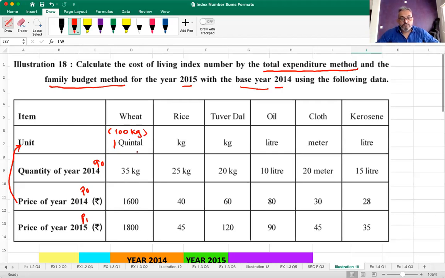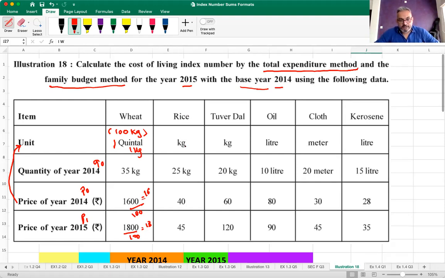But you are consuming only 35 kg. So you have to convert either kg to quintal or quintal to 1 kg and accordingly change the prices. So we will change the prices, divide by 100, which is 16, and divide by 100, which is equal to 18. So for wheat, we will take 1 kg, 35 kg, 16 rupees and 18 rupees.